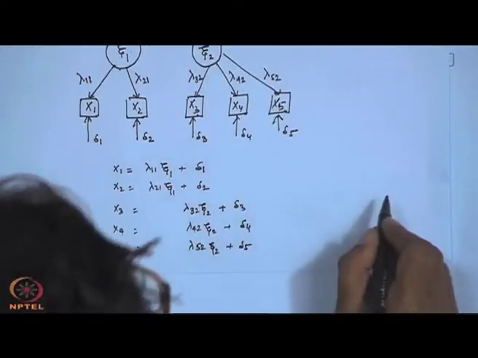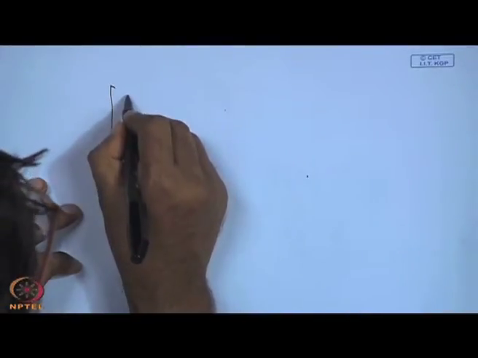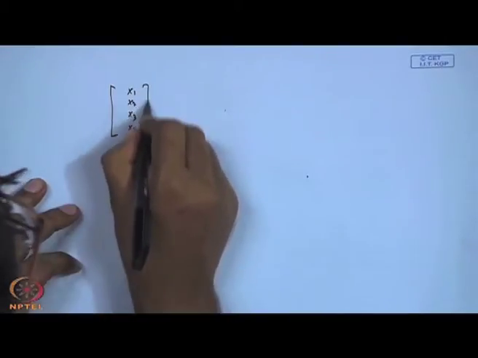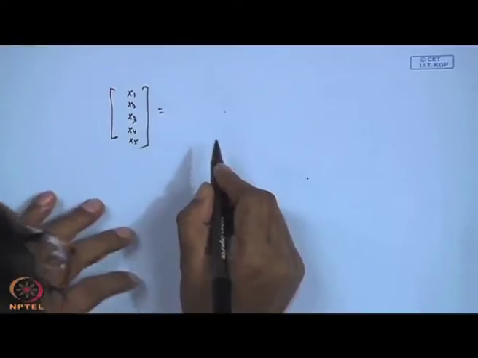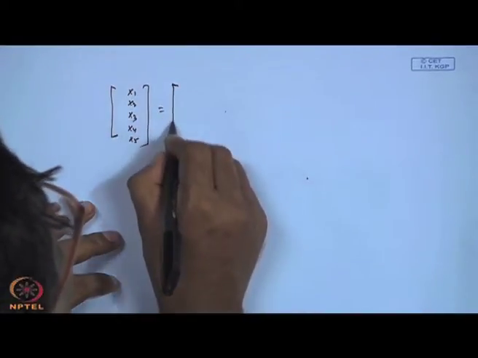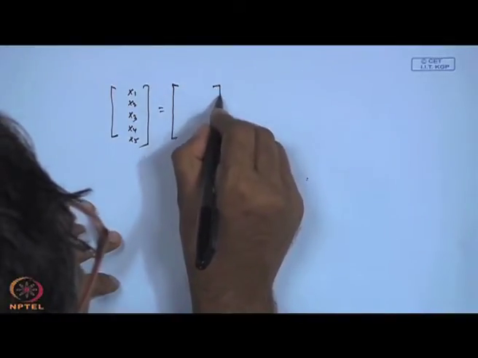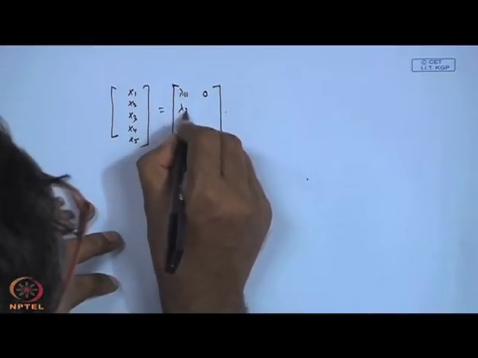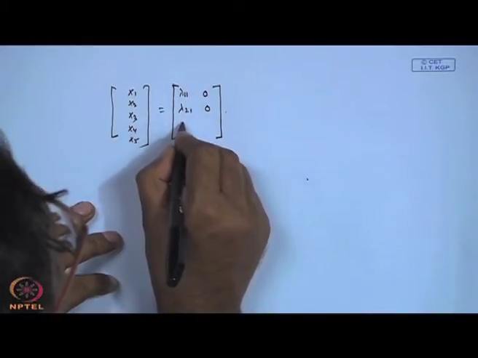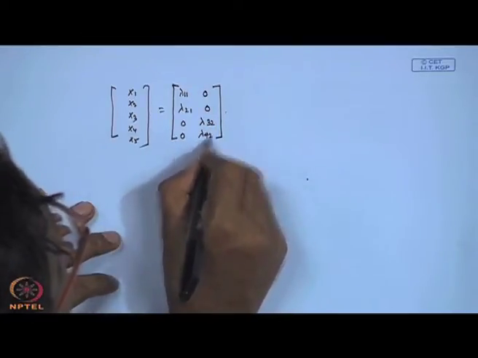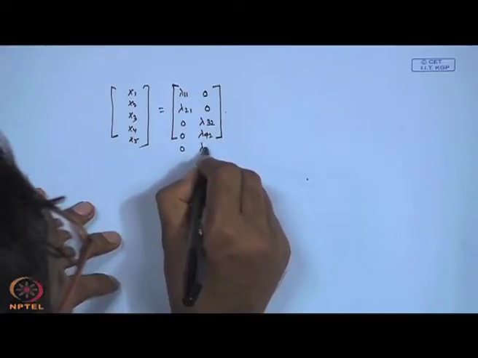So, the resultant matrix you have written like this: x1, x2, x3, x4, x5 equal to lambda 1 1 0, lambda 2 1 0, 0 lambda 3 2, 0 lambda 4 2, 0 lambda 5 2, times xi1, xi2.